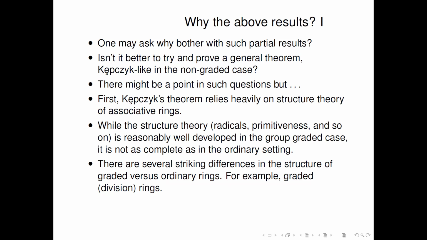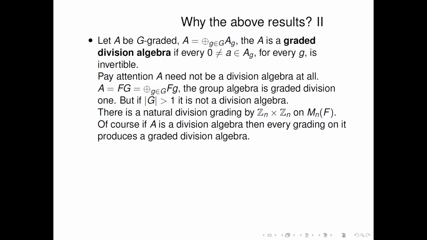For example, the basics, graded division rings. In the ungraded case, you know, this goes to Brauer theory and so on and so on. It becomes complicated. But in the graded case, it is more complicated in the following sense. Take a G-graded algebra.